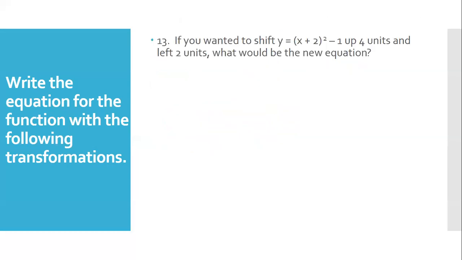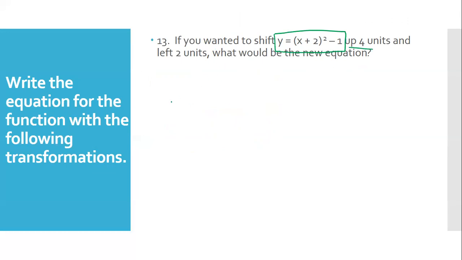All right, let's try this. So if you want to shift, so we have the equation, y equals x plus 2 squared minus 1, up 4 units and left 2 units. What would the new equation be? So I'm currently here, and I want to go up 4 units.